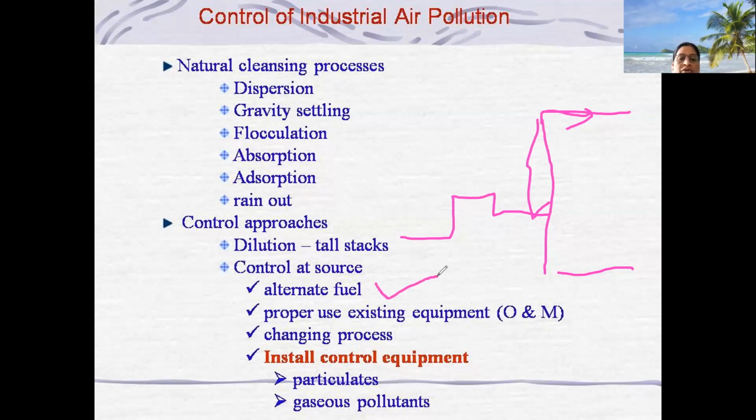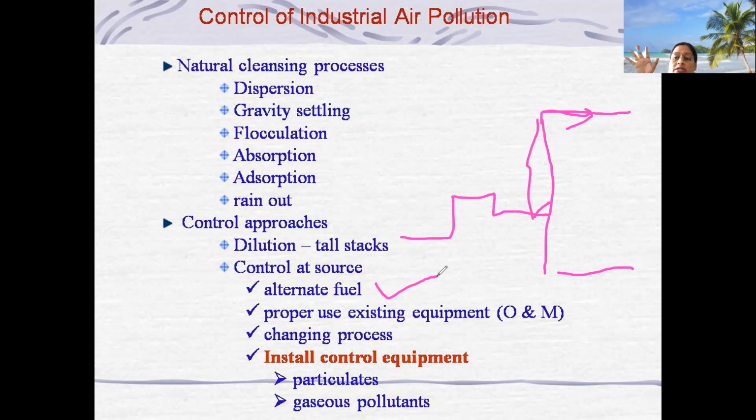Alternate fuel source in the sense that if the impurity of the fuel is more, then the emission of pollutants will be more. In fuel burning engines like vehicles, petrol is purer than diesel. That's why diesel vehicles produce more pollutants than petrol engine vehicles.